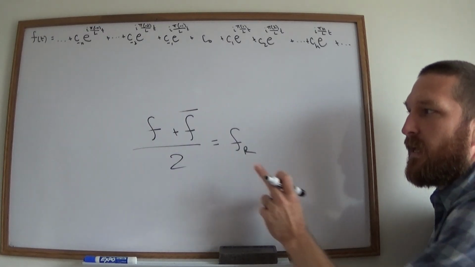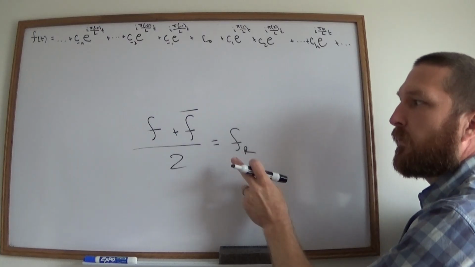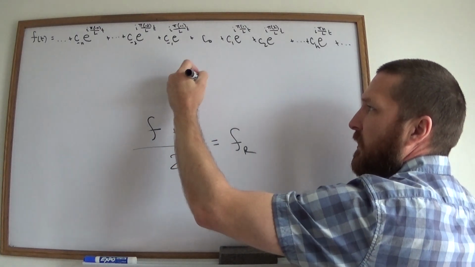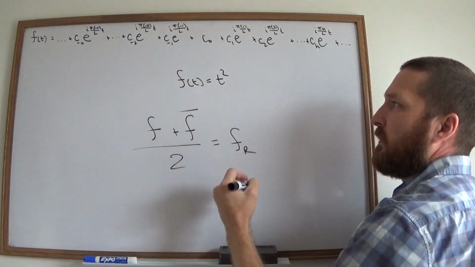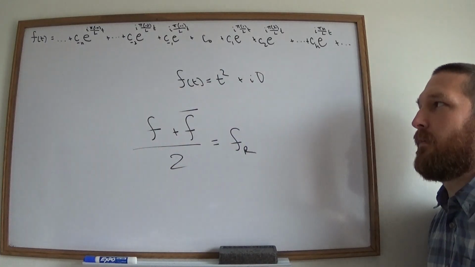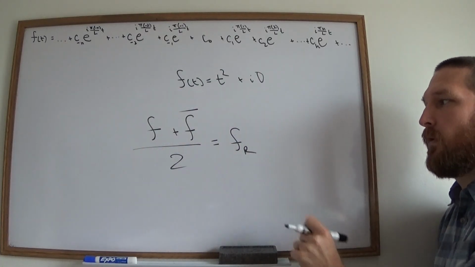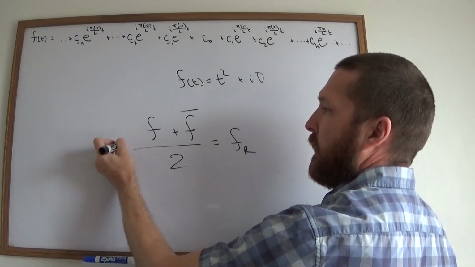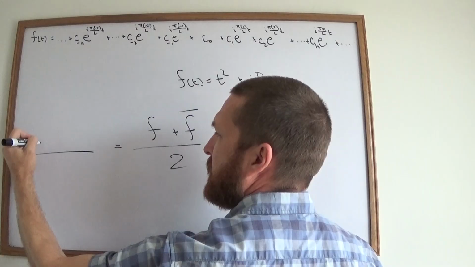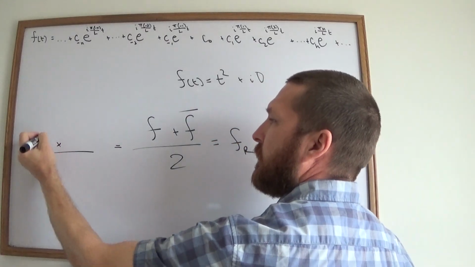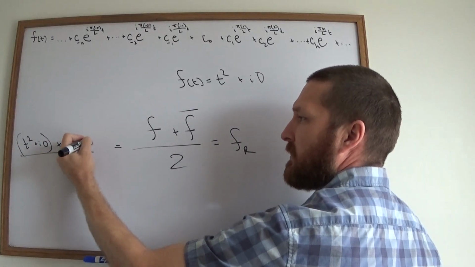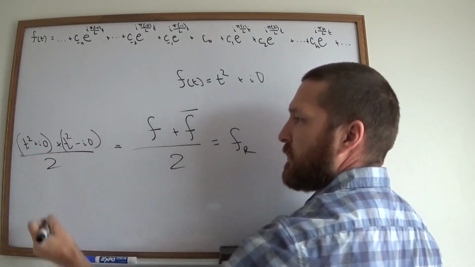But if indeed f itself were a real function, let's do this with something here. f of t is just t squared. It's purely real, but we're imagining that there's an imaginary part there that just happens to be 0. Well, then what do we get? f is t squared plus I times 0, plus the conjugate, t squared minus I times 0, divided by 2.